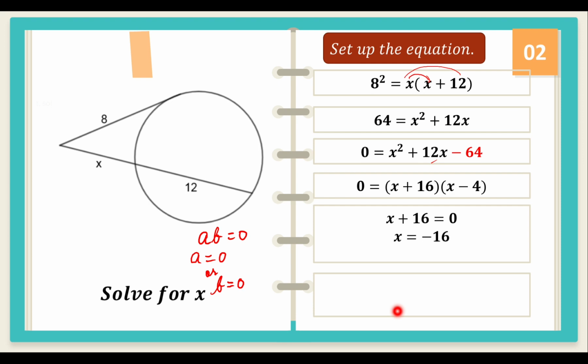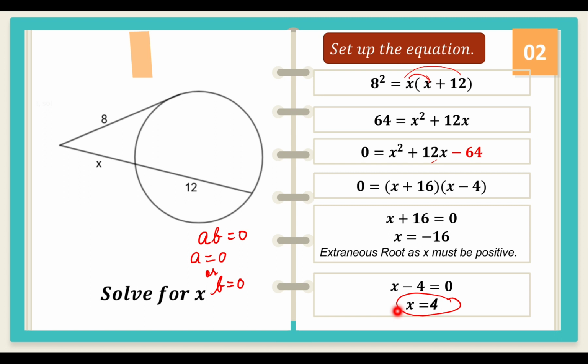Again, the value is negative, so this is still an extraneous root, as x must be positive inasmuch as we are dealing with measures. The other factor, x minus 4, we equate also to 0, giving us x is equal to 4, which is the actual value of x. So therefore, we were able to answer the given, wherein we were tasked to solve for x.